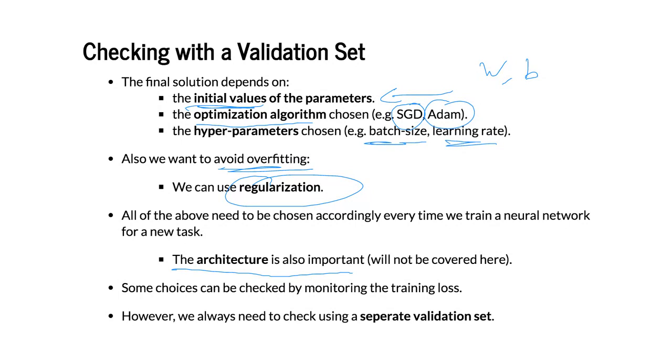What will be the dimensions of the hidden layers, 5, 10, 100? These are things that we have to provide, as the people who design the network. So we will not cover the architecture in this lecture. We will cover all the rest.